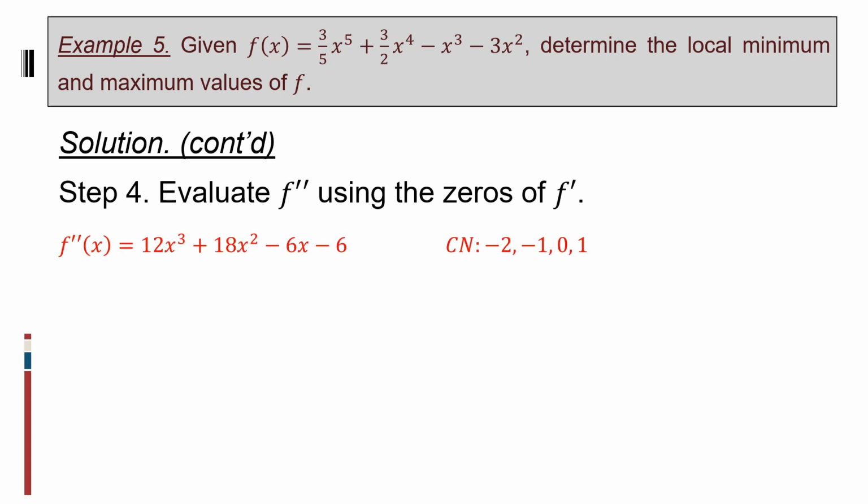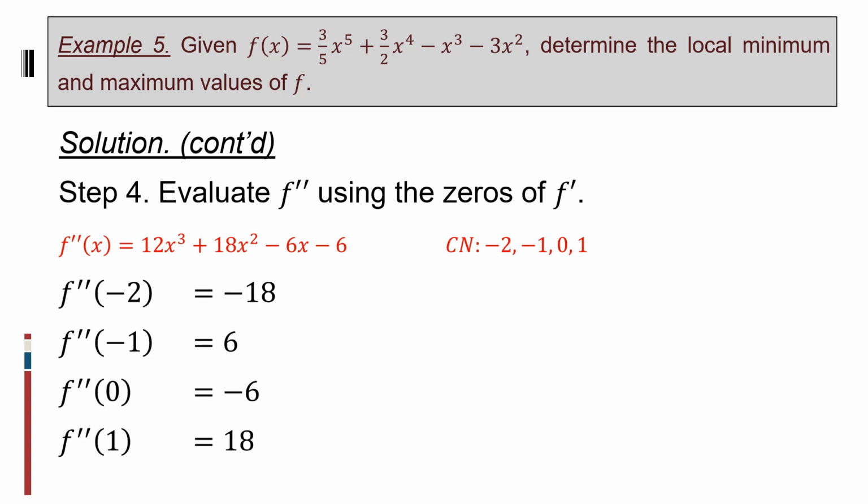Note that our second derivative is equal to 12x cubed plus 18x squared minus 6x minus 6. And our zeros are negative 2, negative 1, 0, and 1. So f double prime of negative 2 is equal to negative 18. F double prime of negative 1 is equal to 6. F double prime of 0 is equal to negative 6. And f double prime of 1 is equal to 18.